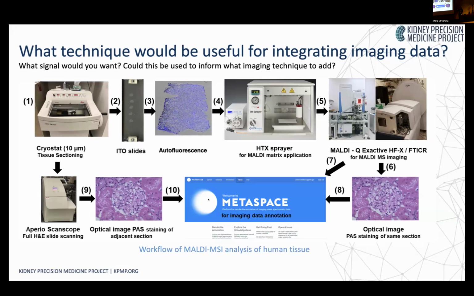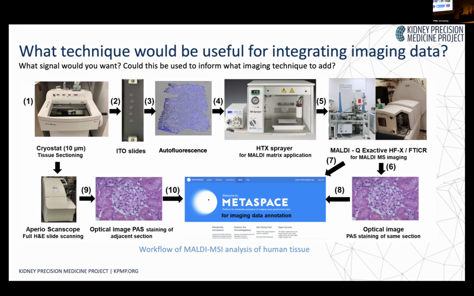And I asked this question yesterday about what tool would be really useful for integrating your imaging data. I really think that depends on what the question is, right? So one of the things we use for mapping mammalian tissue, in this case human tissue, is always microscopy, because we can get a lot of morphology, and we can then align all our other images together, our mass spec images, as well as afterwards, because clinicians use histochemical staining to identify where there's disease, fibrotic tissue, et cetera.